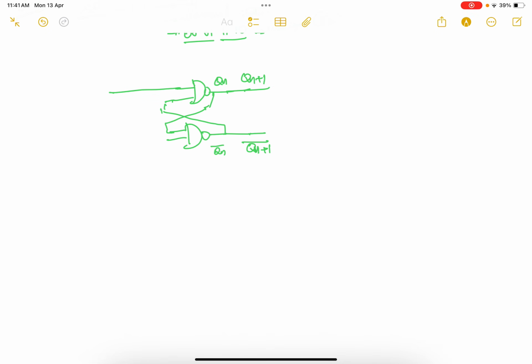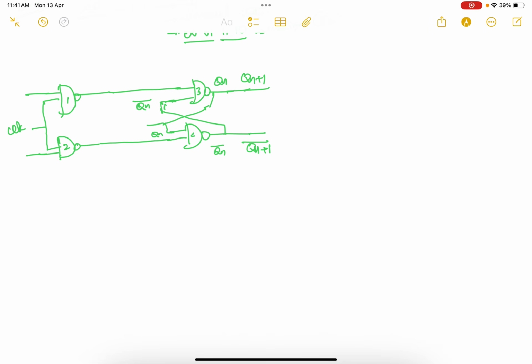Here one of the inputs is Qn bar, and here the input is Qn. And here I am going to connect one OR gate. There is one more NOT gate, and we know that these two will be connected to a clock pulse. And here if I give the inputs as S and R, this will become your SR flip flop.